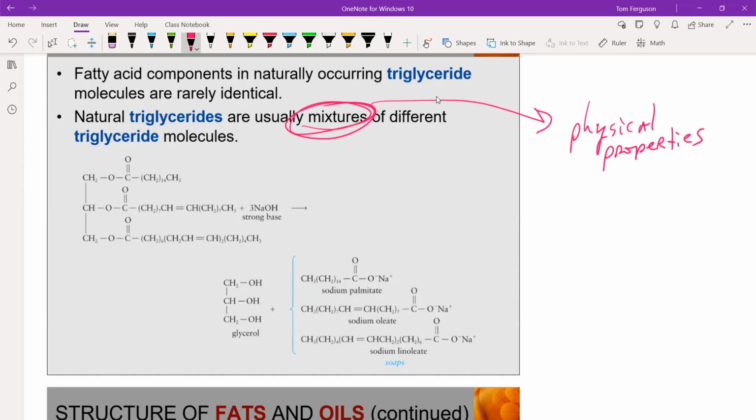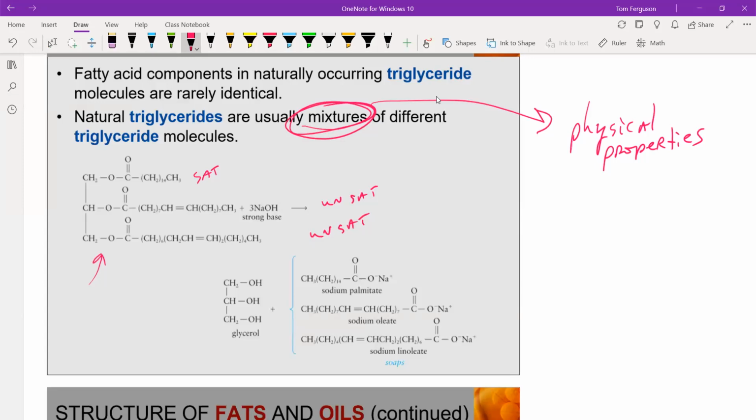For example, here we've got saturated, unsaturated, unsaturated. That ratio of these three fatty acids on the ester backbone will end up coming out the same when we saponify that.